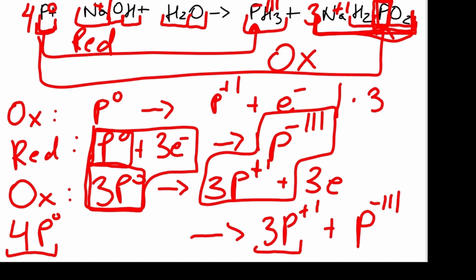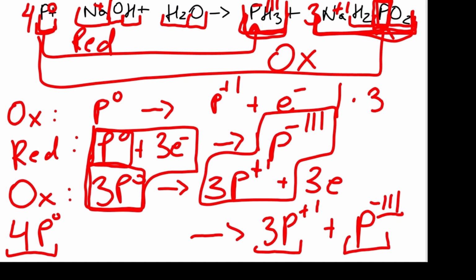In front of phosphine there is 1, because we have only 1 atom of phosphorus with oxidation state equal to minus 3.